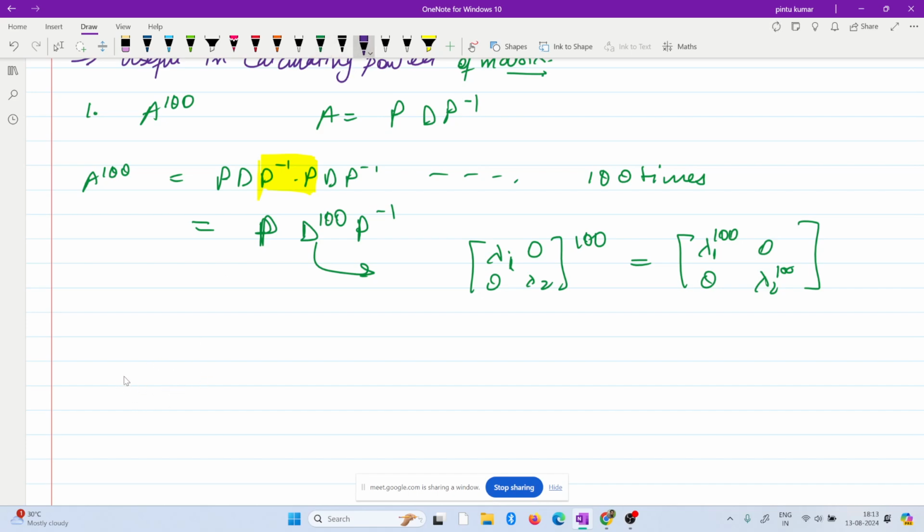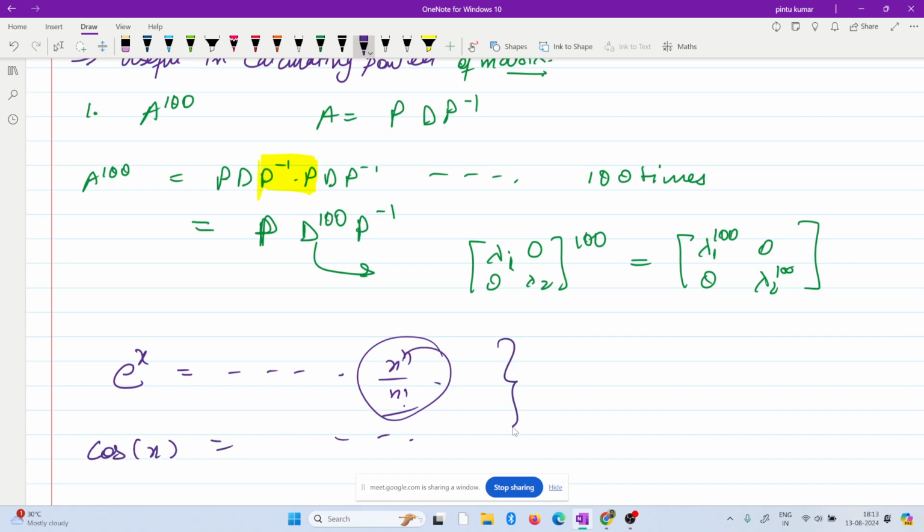And also, you know that e to the power x, you can expand it as a Taylor series expansion, where you have x to the power n by n factorial, those kinds of terms, right? Or you can find cos of x as a Taylor series expansion. Now let's say in some application you have to find e to the power of some matrix.